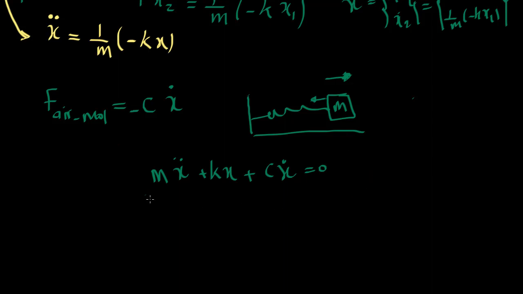And once we bring it to the other side of the equation, to the side that we have the acceleration, it will be a positive term. So now this is the differential equation for a spring damper mass oscillator. This energy dissipation, we say, causes damping in the system. And this c is basically the damping coefficient.